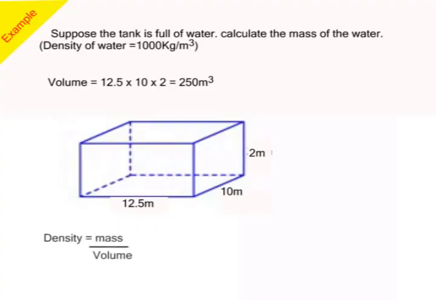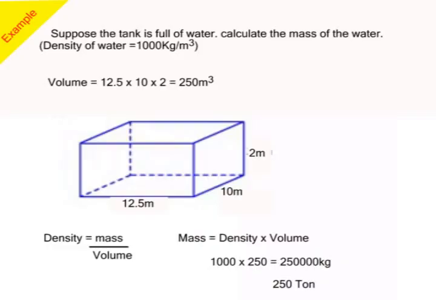If density is mass over volume, then mass is density times volume. So we have density 1000 kilograms per meter cubed times volume 250, and we get that to be 250,000 kilograms. This is equivalent to 250 tons.